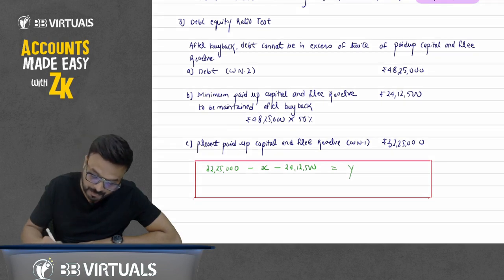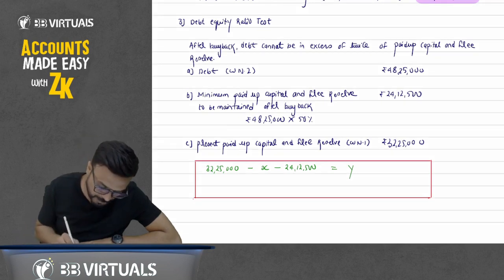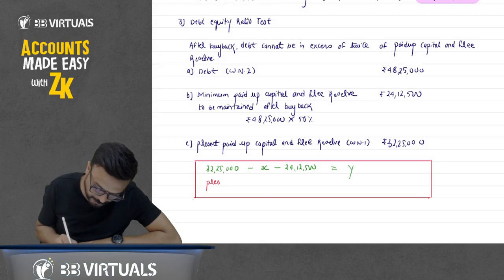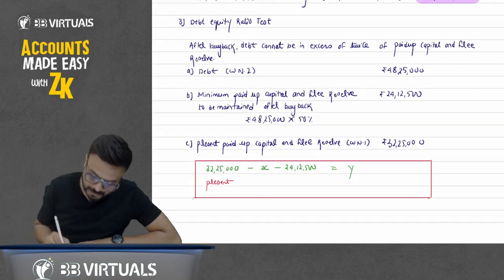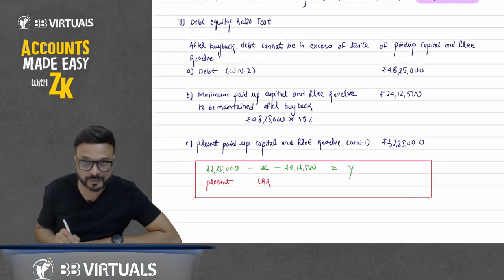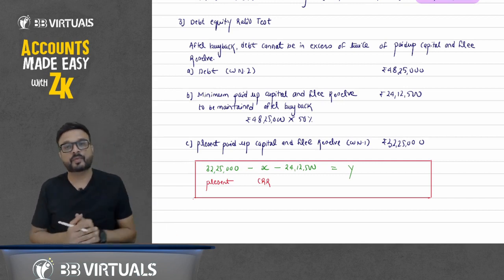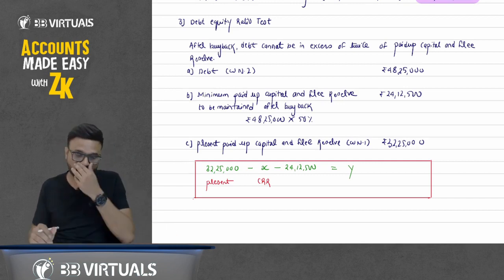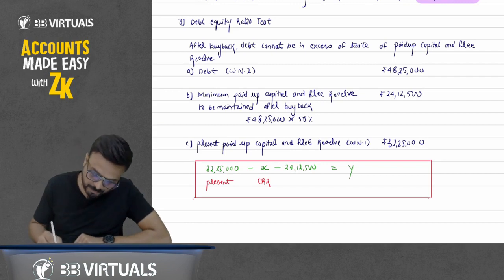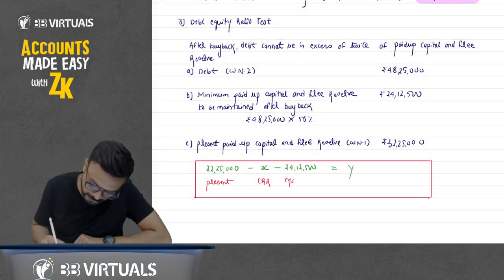It means this 32,25,000 is the present paid up capital and free reserve. Some should be maintained in the form of CRR, and some maintained as a part of paid up capital and free reserve. It should be maintained, and the remaining can be utilized for the purpose of buyback.